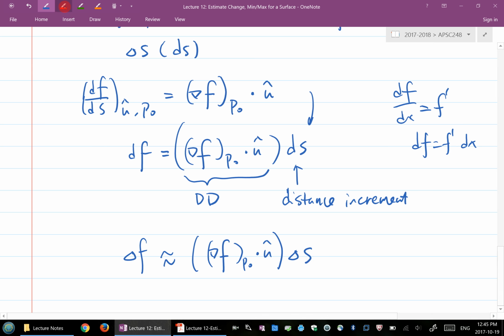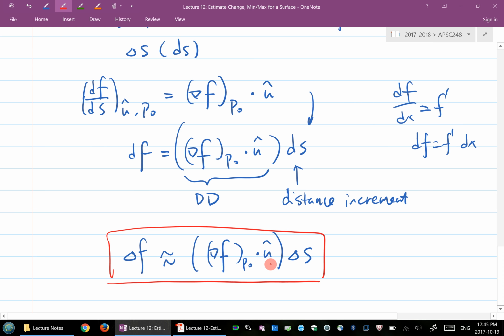That's the estimating change formula. If you go from p naught in the direction u hat by a small distance delta s, then the estimated change in the function f is given by this particular formula.